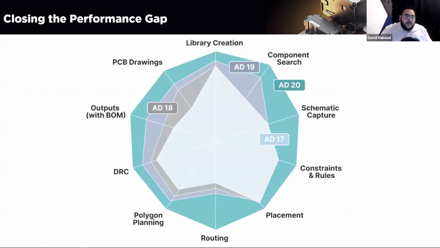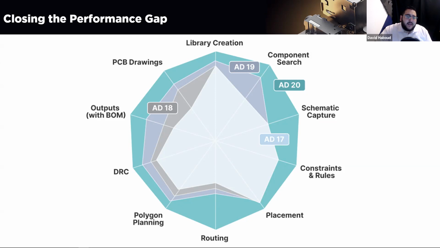So when we talk about closing the performance gap, with each release, we've been focusing on one or two key functionality groups, right? The core of PCB design, we've made really big strides. You can see this graph shows the order of magnitude of the changes, right? The actual scope of the changes in each release.